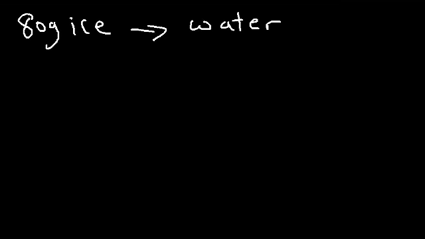And let's say the temperature of the ice is at 0 degrees Celsius, and the temperature of the liquid water is also at 0 degrees Celsius. So before the temperature rises, all of the ice has to melt into liquid water. While ice melts into liquid water, the temperature will remain constant at 0 degrees Celsius.